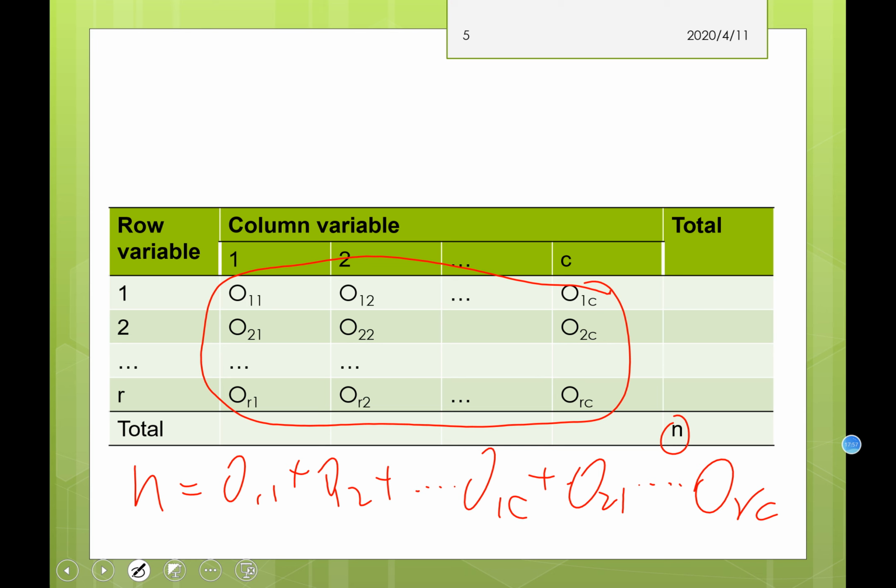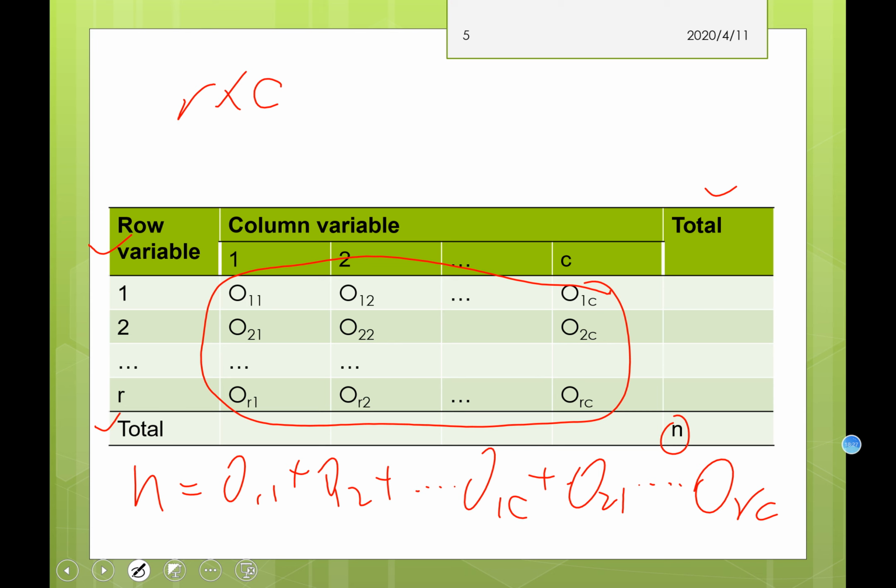Here I need you to notice that we call it the R times C table, but you can find that this table contains more than R groups and more than C columns, because there is still the first row and the total row, and the column row and the total column.